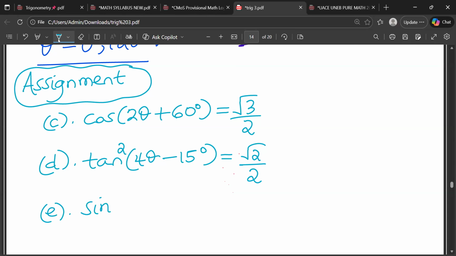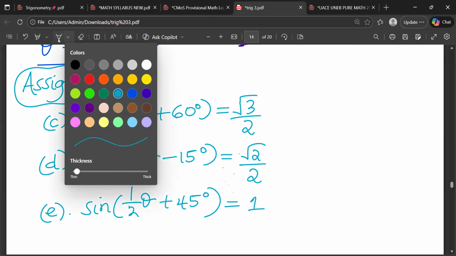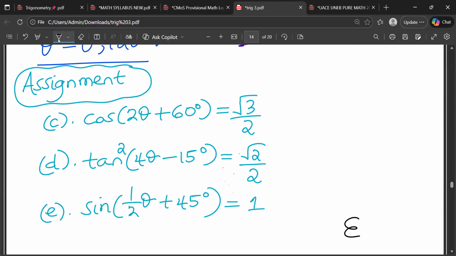If it's your sine, this time round it was half theta plus 45. It was your 1. Yeah. So you can give that a try. Hope you know what these ones mean. You take note.